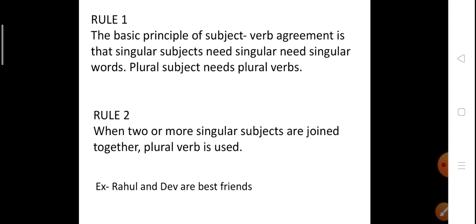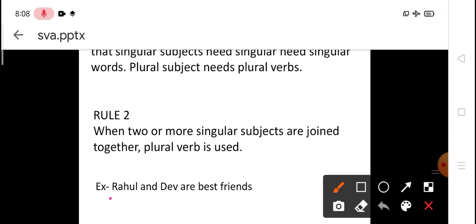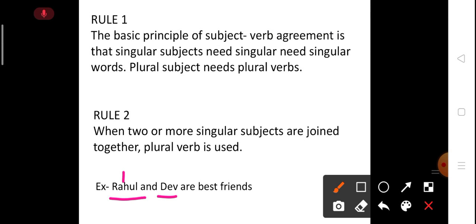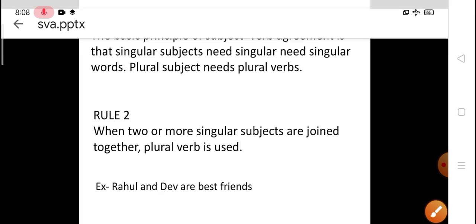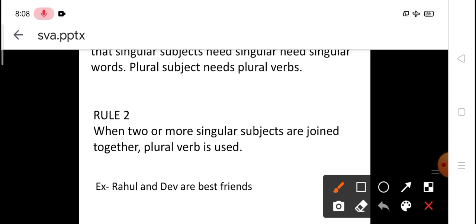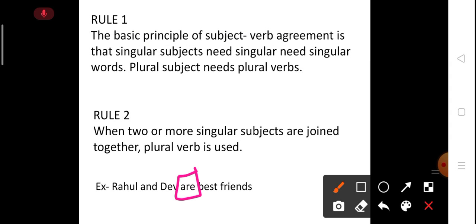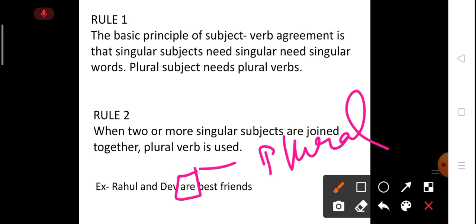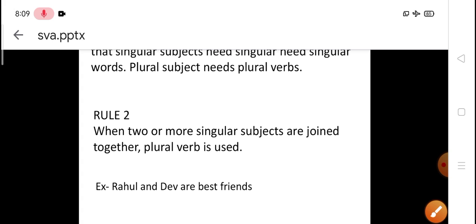For example, Rahul and Dev are best friends. Here the verb are is in plural form. You can see that Rahul and Dev both are singular subjects, but the verb used here is are. It is plural. Right? This is rule number 2.